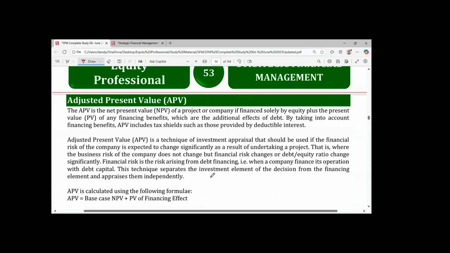So in our last class, I explained what APV is all about and when you should calculate the adjusted present value. I said adjusted present value and the net present value are similar. The same way the examiner will structure the question is the same for the two of them, for APV and net present value.